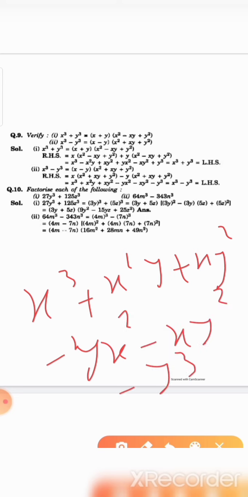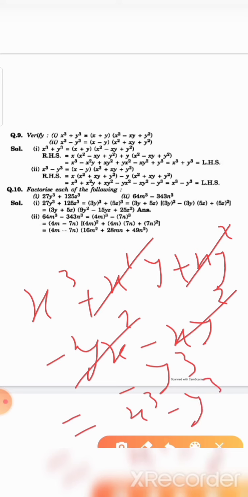Simplifying this step, here x square y is positive and yx square is negative, so they cancel, and again xy square is positive and xy square is negative. So lastly we get the answer x cube minus y cube, which is equal to the LHS of the question. So we started from the RHS and we get the answer of the LHS.